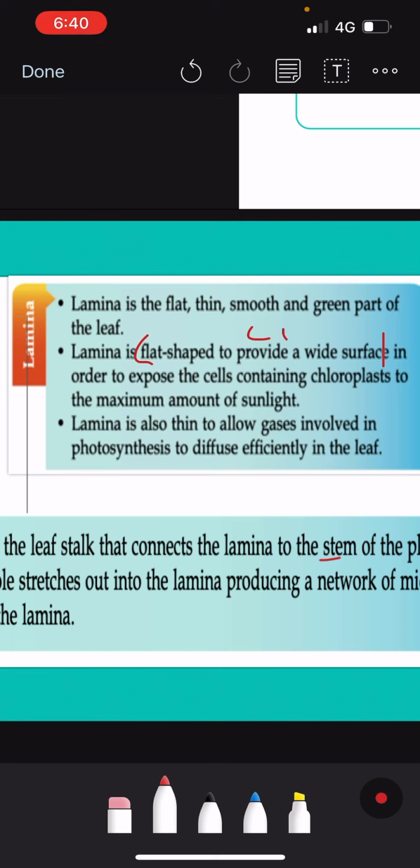So what is its function? Why must it have a wide surface? Why must it be flat? Its function is to expose the cells containing chloroplast to the maximum amount of sunlight. So this is the answer, 2 marks. The first one is the characteristic, the second one is the function.